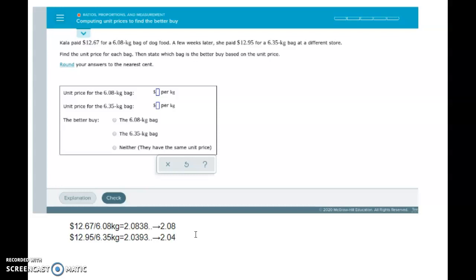So you're going to say the better buy is the 6.35 kilogram bag of dog food. And in some cases, which won't always be the case, they will both be equal. So it doesn't really matter which store you go to buy your dog food.